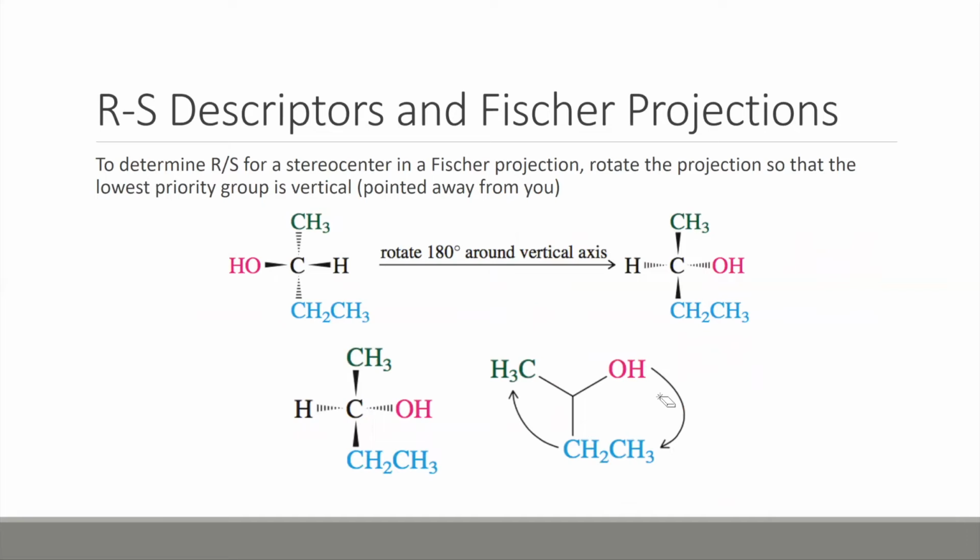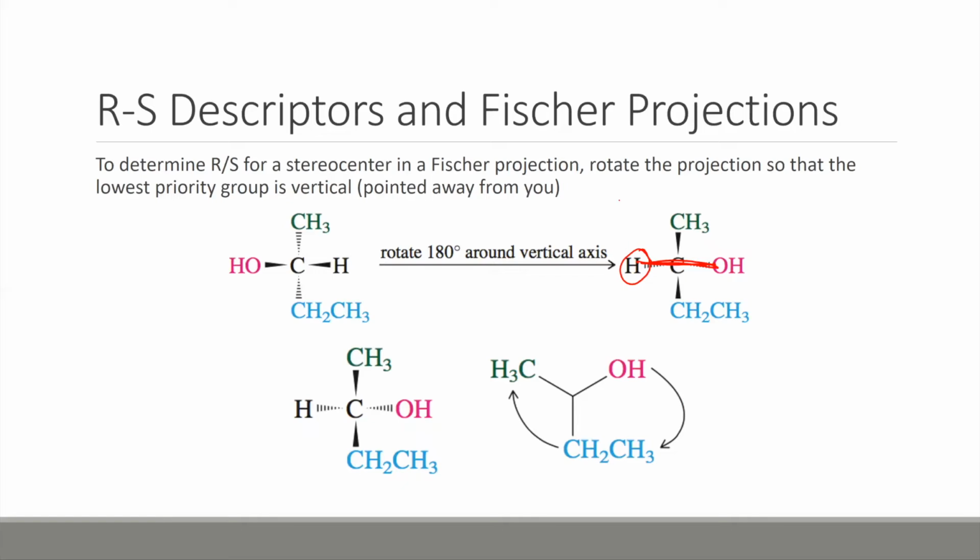Now, if you have a Fischer projection of something, to determine the R or S configuration for the stereocenter, you need to first put the Fischer projection so that the lowest priority group is vertical. So it has to be in this vertical line here, and preferably on the left.